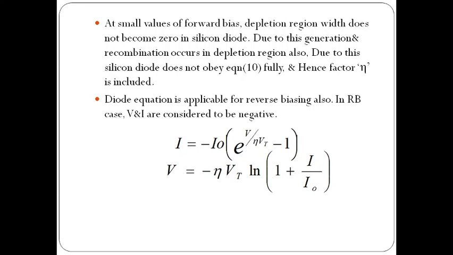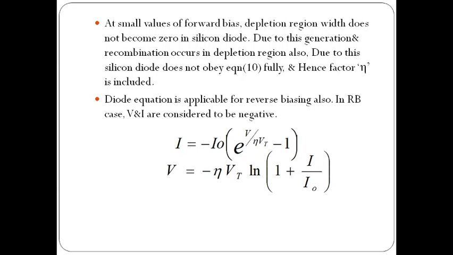So why is this diode equation not applicable to the silicon? The theoretical diode equation we derived is not applicable to the silicon. At small values of forward bias, depletion region width does not become zero in silicon diode. We assume that when you apply the forward bias voltage to the diode, the depletion region width is zero.